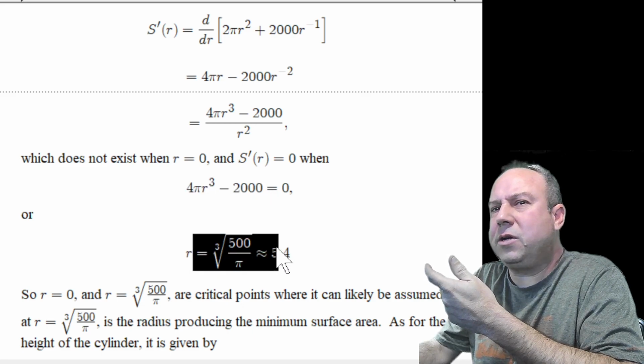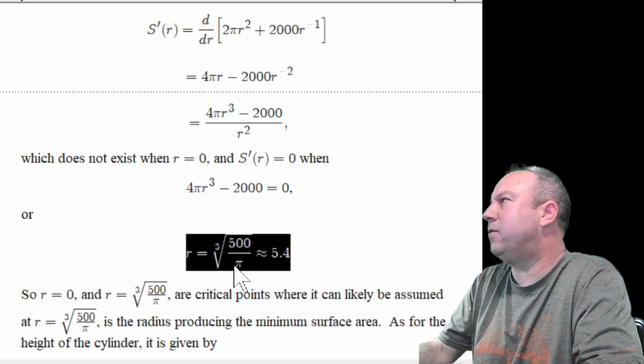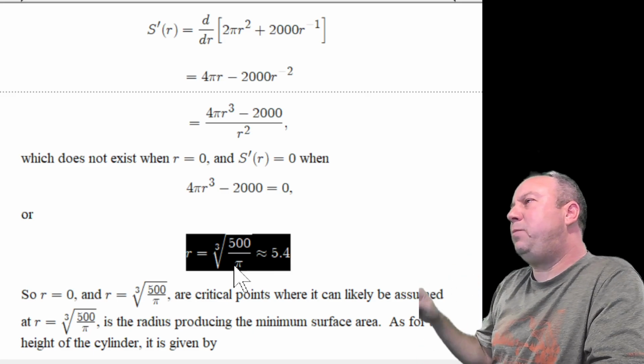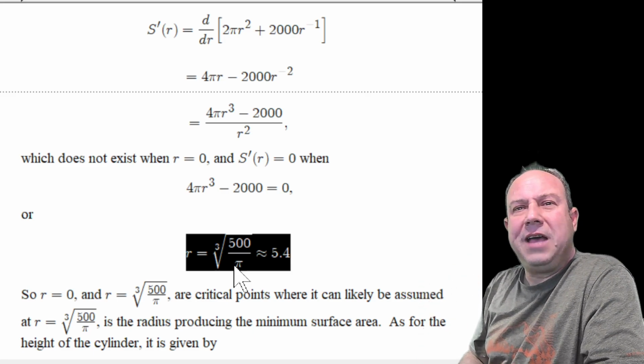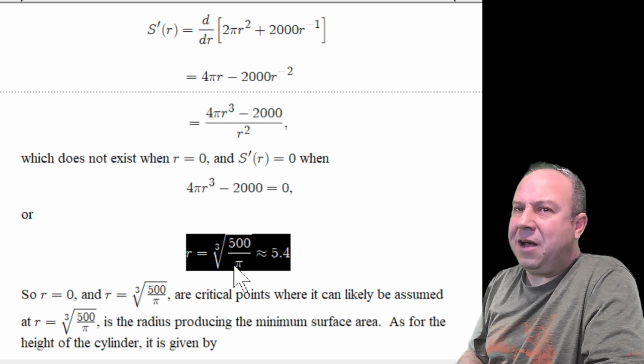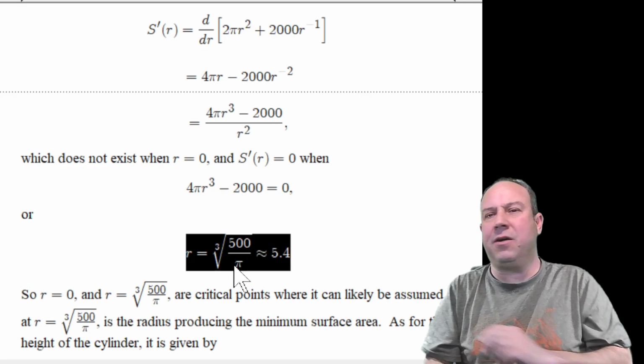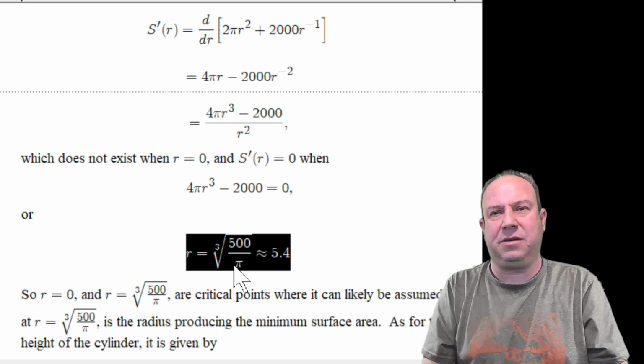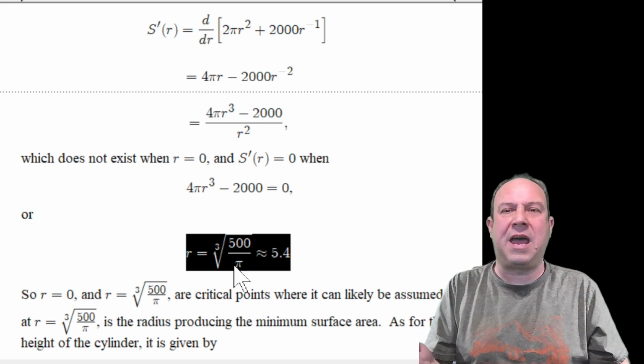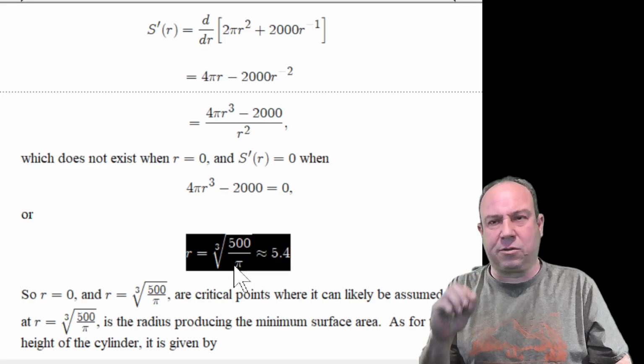So if we're decreasing before this point and increasing after this point, then we must be, what? A local minimum value. So yeah, our assumption that we have a minimum there is a good assumption. We've just supported that with the first derivative test.